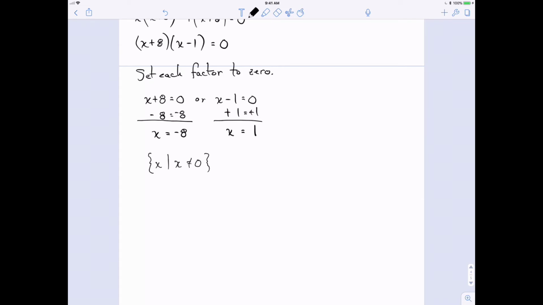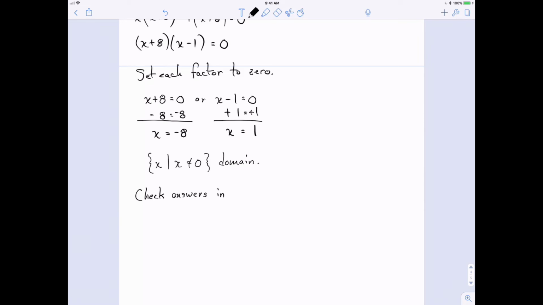This is our domain. And then we've got two answers. And like always, you should check if both of them really work. Check answers in the original equation.